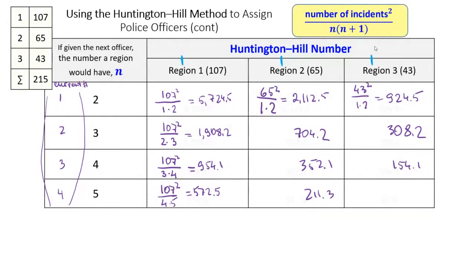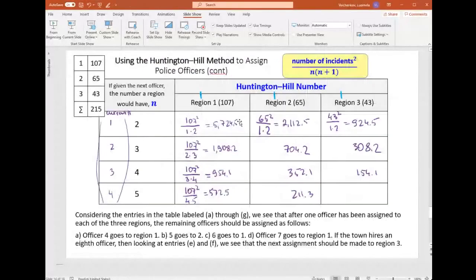Now look, what region has the greatest Huntington Hill number? Answer the poll question. Who gets the fourth representative? Region 1, Region 2, or Region 3?